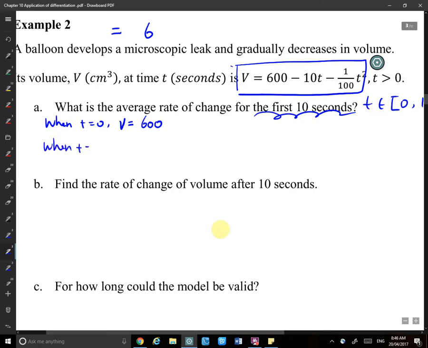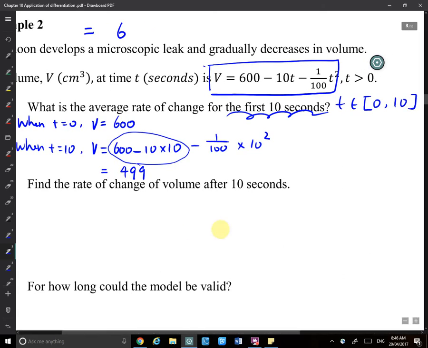When t equals 10, V equals 600 minus 10 times 10 minus 100 times 10 squared. That's 500 minus 1, so 499.